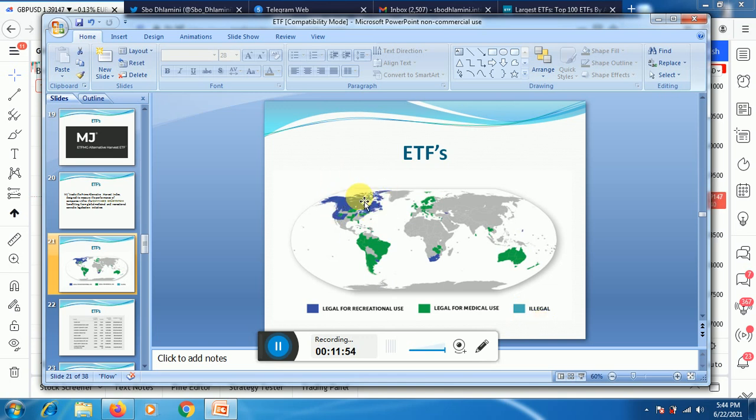As you can see, in most of Canada and parts of the United States it is legal for recreational use. You see around here, there's California. In California, cannabis is legal in the United States. In most of Canada, cannabis is legal, né?